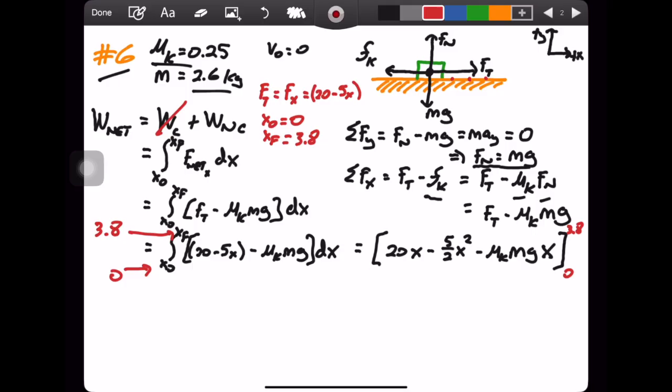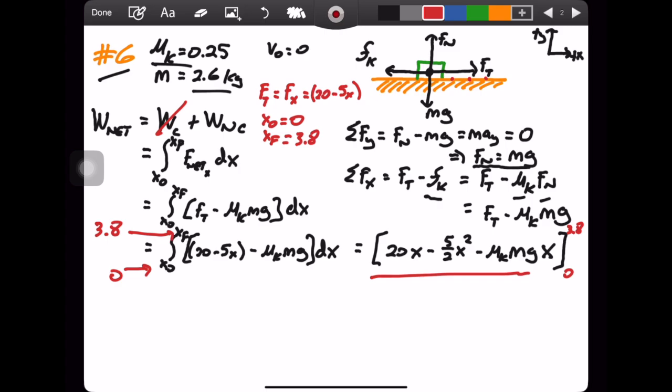In the interest of real estate with my screen, I'm going to leave it in this form instead of plugging in the numbers. But again, when it comes to this term right here, you just take 3.8 and put it in for x, so 20 times 3.8 minus 5 halves times 3.8 squared minus mu k mg times 3.8.